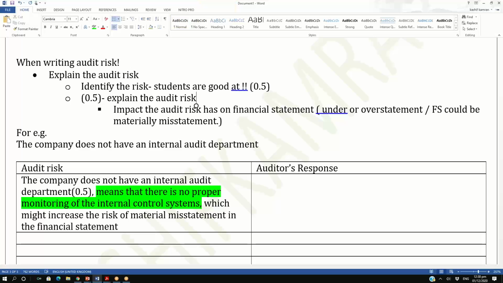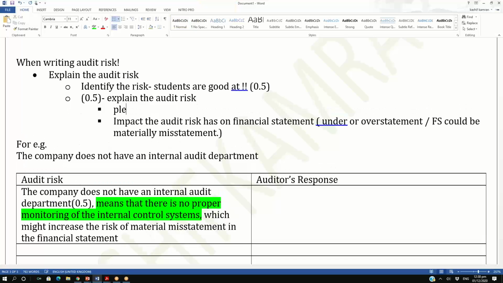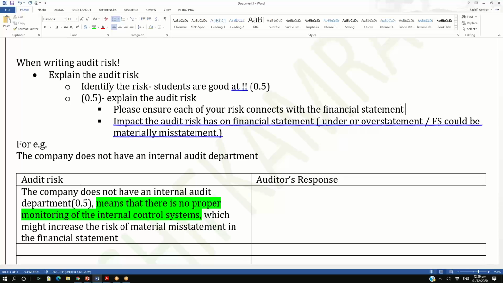So when you're explaining the audit risk, please ensure each of your risks connects with the financial statements, to make a remarkable impact. An audit risk without an impact on the financial statement is useless.